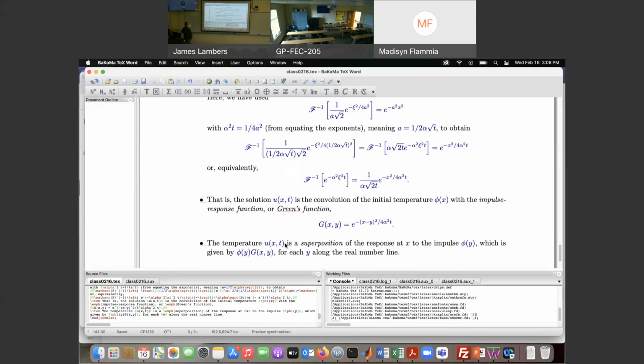A property of solutions to the heat equation is that even if the initial data is zero just about everywhere, except on one small interval, once time moves forward the smallest amount, the solution can be non-zero everywhere immediately. It's called infinite speed of propagation.